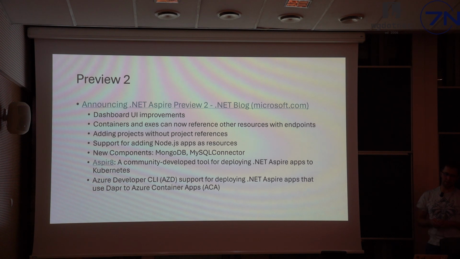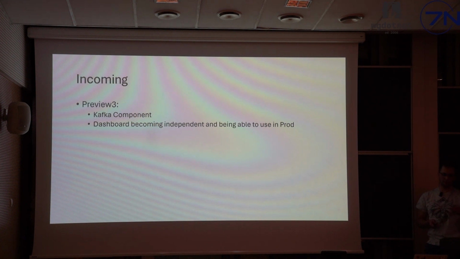And it's possible to add a project without a project reference. Currently, you just specify a path. So for example, if you have multiple solutions in the same Git repository, you can just point to a path. The same solution is currently applied to Git submodules, and it's still preview.